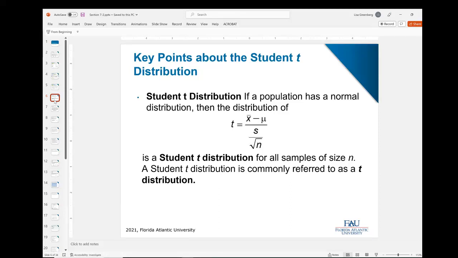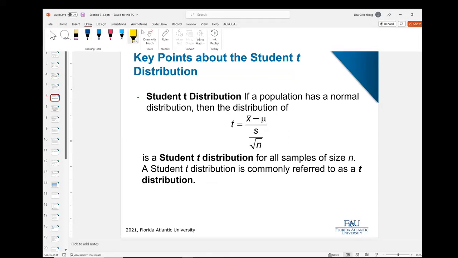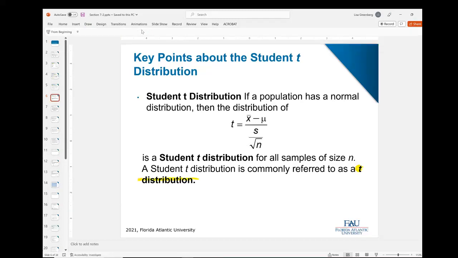It wasn't a big business, it was a small business. So he came up with this t-distribution. Mostly we call it the t-distribution, and it says that right here. So a student t-distribution is commonly referred to as a t-distribution. And you'll see that we're using the t-distribution in StatCrunch.